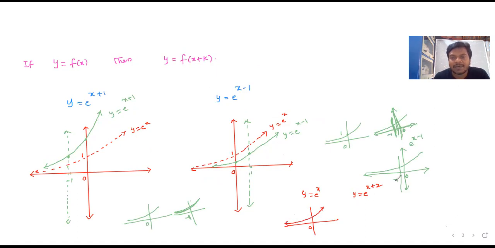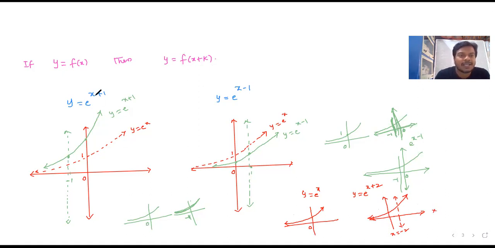When you have e power x plus 2, the x-axis base is the same, but draw the line x equal to minus 2, and then simply by treating it as 0, keep in mind, treating it as 0, just draw the normal graph like this, like e power x, and then go for the y-axis here. This is the graph of e power x plus 2.